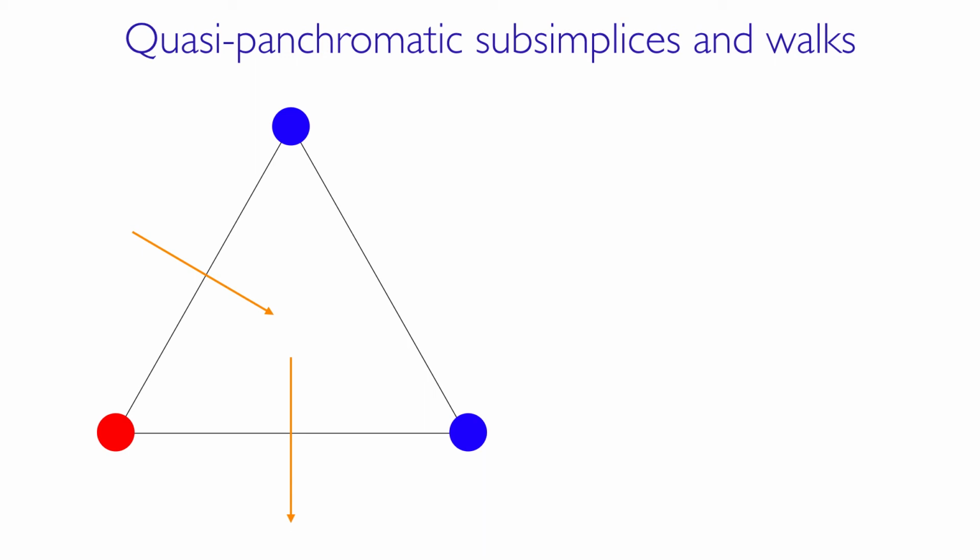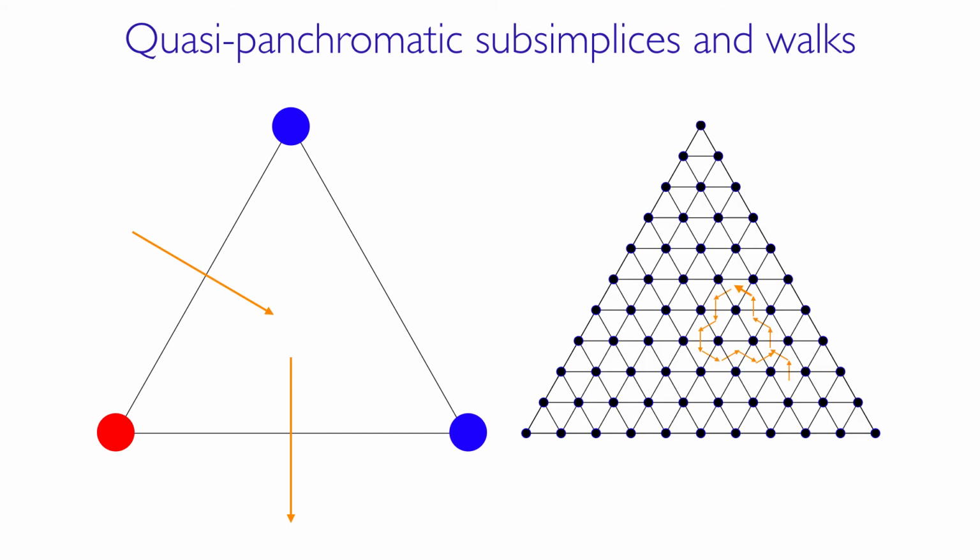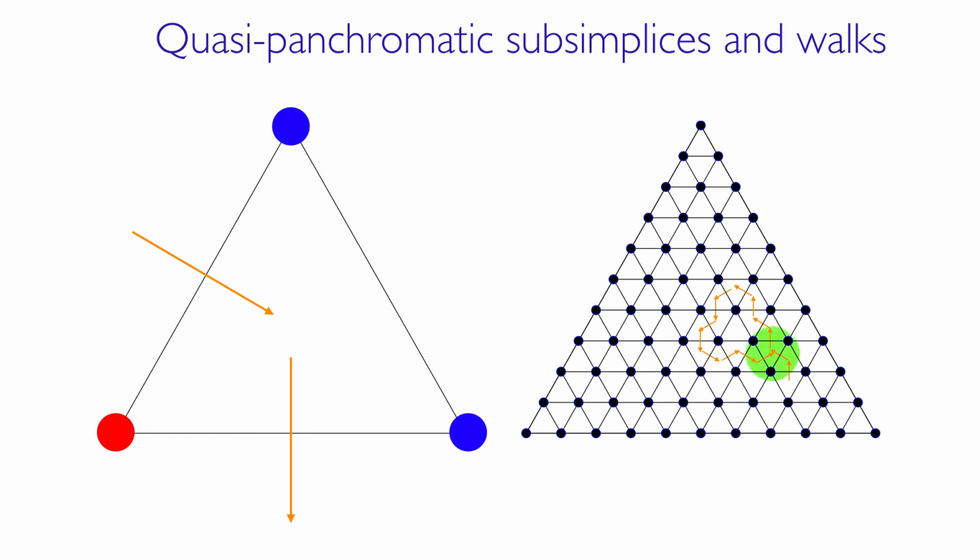Using this argument, we can show that the walk cannot enter loops. Assume that we have a loop, as in the picture. In order to have a loop, we need that a subsimplex has three facets with n labels, in such a way that the walk enters the subsimplex, leaves it, and then re-enters from a third facet of the subsimplex.